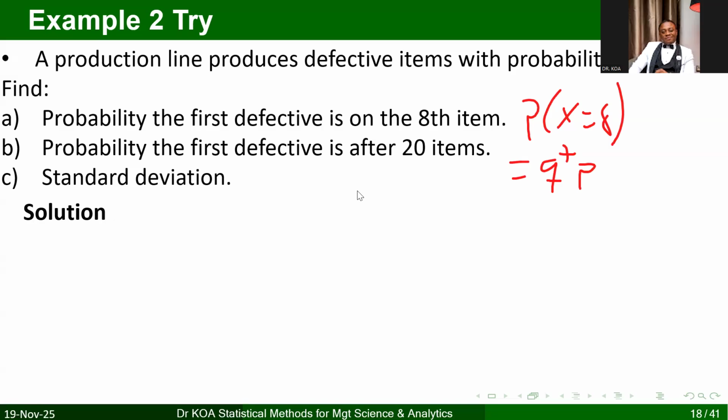So you substitute the value. Let's find the probability. P is 0.05, it's up here. 0.05 to the power 7, multiplied by 1. That's it. Do you guys get it? Yes, this one is very simple. What do you get?